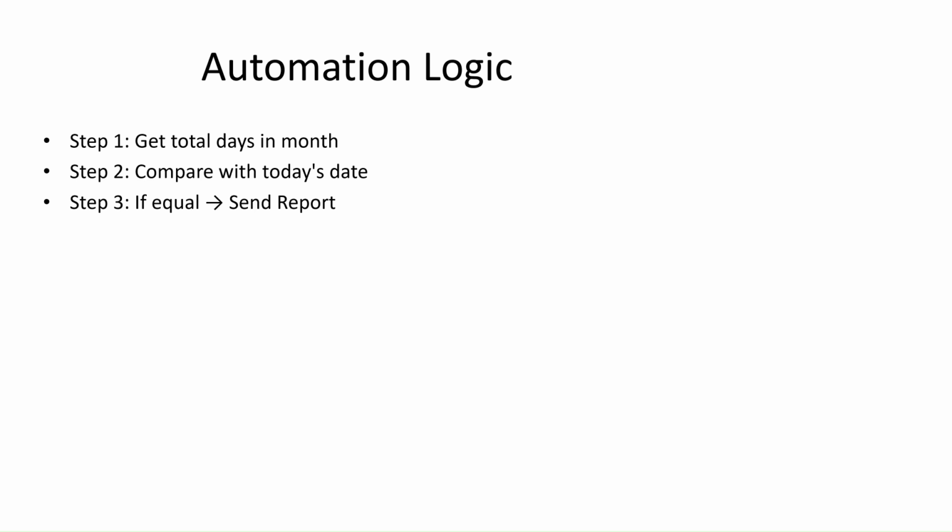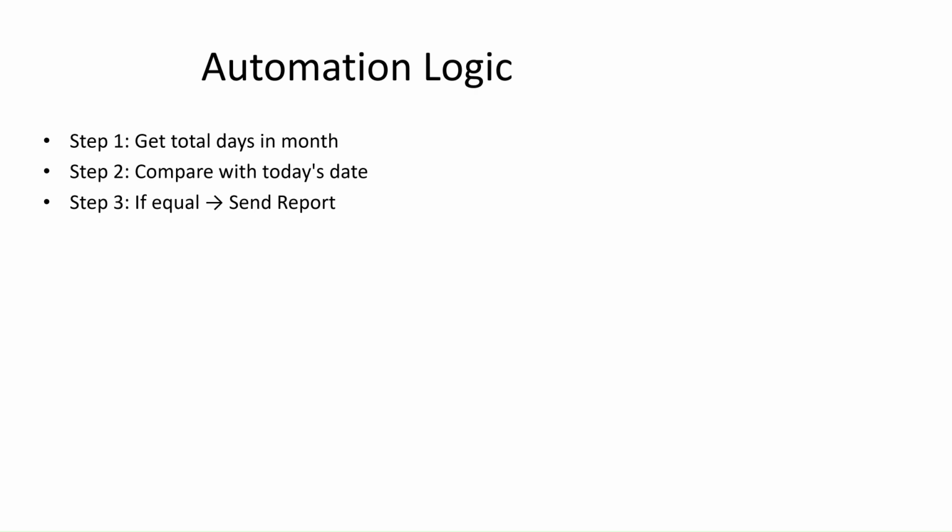So now you can compare it with the total number of days, and if it is the same, then you send a report. If it is not the same, don't send the report. That should be the automation logic. First of all, get the total number of days in the month using the days_in_month function, and then compare it with the day number using the day_of_month function, and if both are the same, send the report.